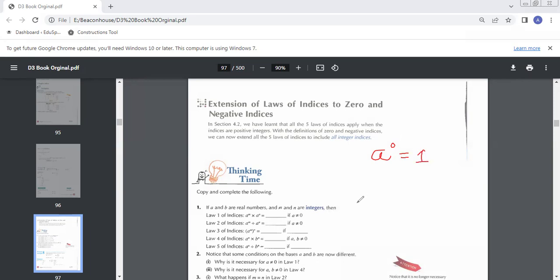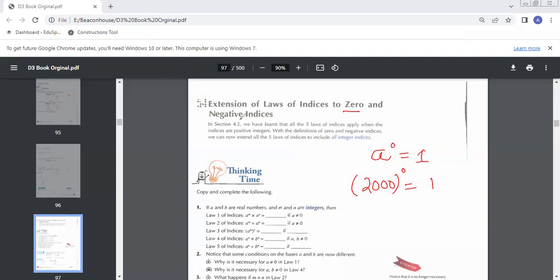It is not only for variables, it is also applicable for numbers. For example, if I write 2000 and put zero on top of it, the whole number is equal to one. So any zero index makes the number or the variable, or anything which has power zero applied to it, equal to one.